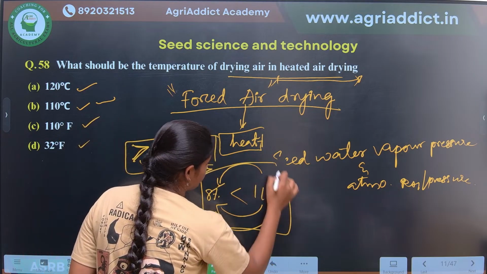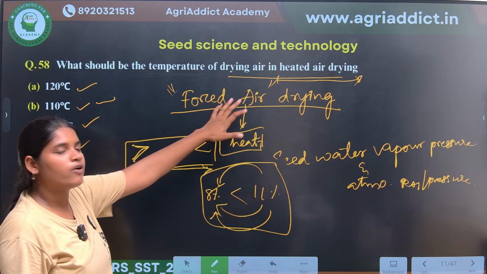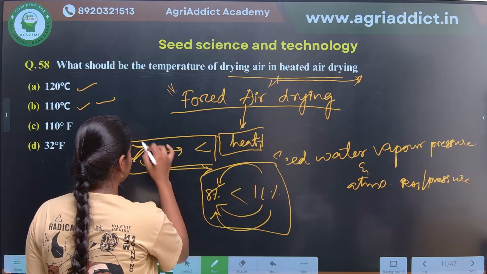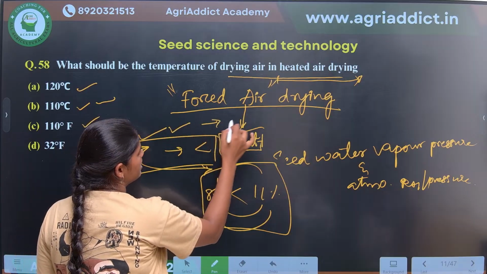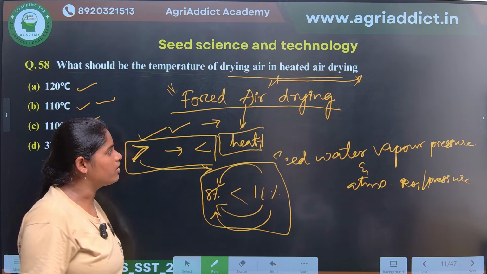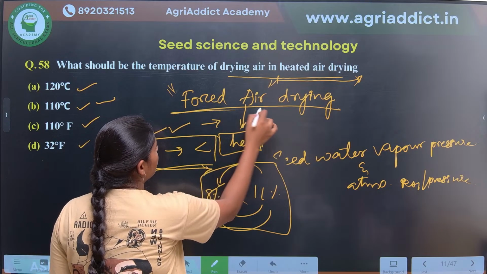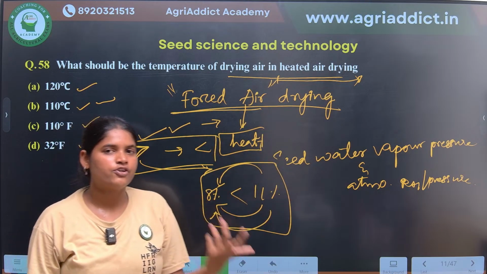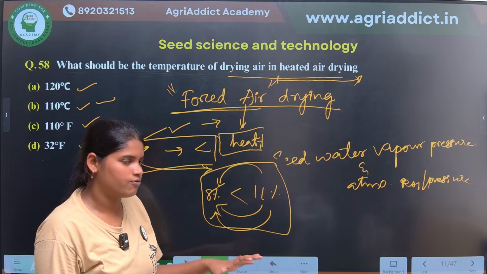Based on this principle, for drying we want our seeds to lose the moisture into the atmosphere. For that, we provide artificial air from an external source.